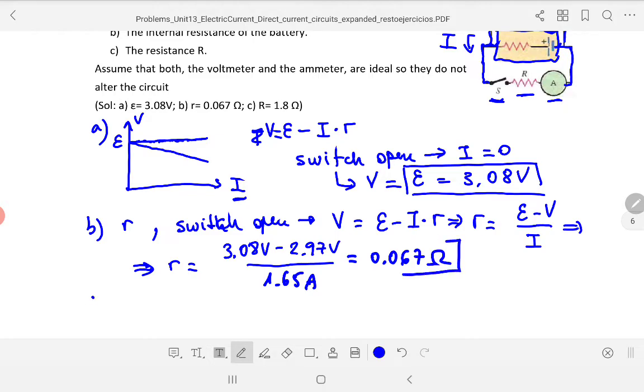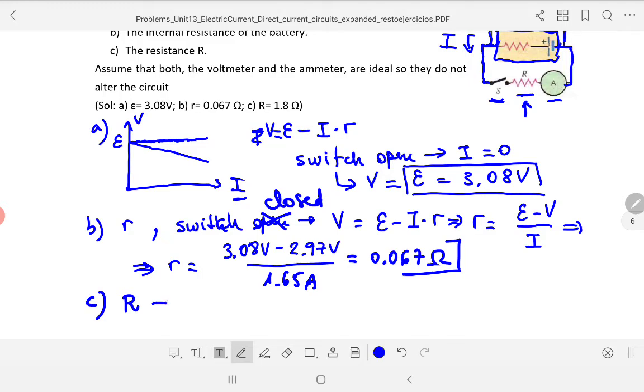In the third part, they are asking what is the value of the resistance of this resistor here. That is easy to solve applying Ohm's law when the switch is closed, because the potential drop across the resistance is equal to the potential difference that the voltmeter is reading.